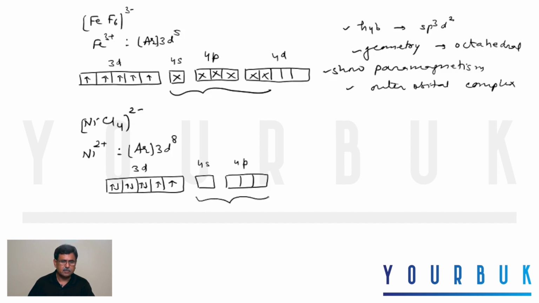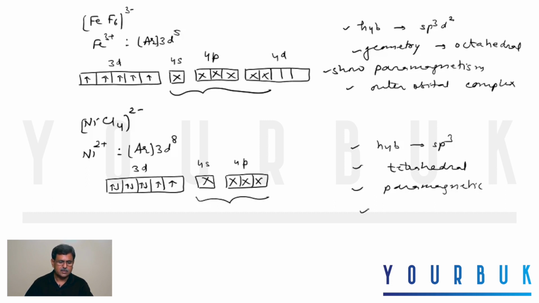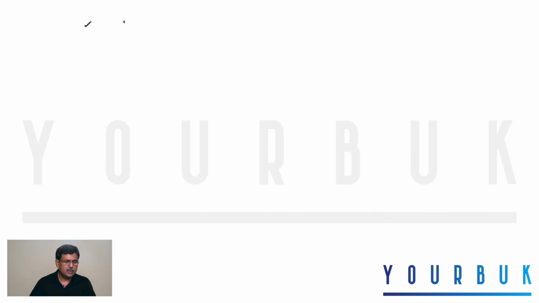This 1s and 3p's hybridize to form hybrid orbitals and then accept lone pairs from the ligand. The hybridization is sp3 and the geometry is tetrahedral. It is paramagnetic since we have 2 unpaired electrons present, and the complex is called an outer orbital complex.